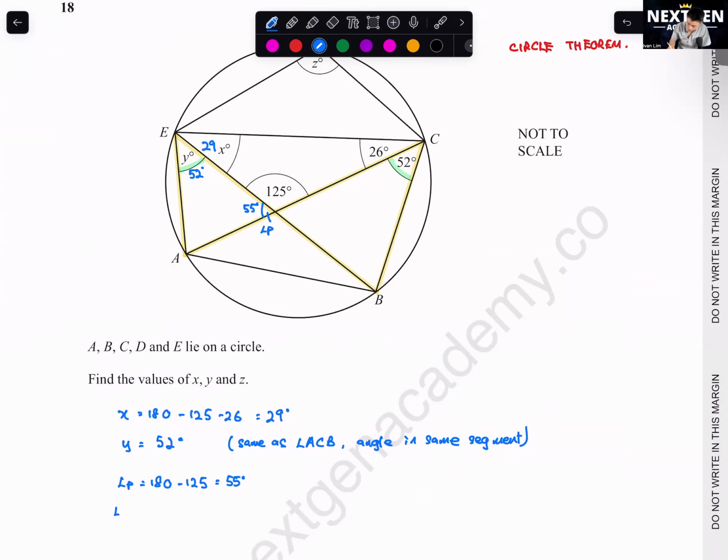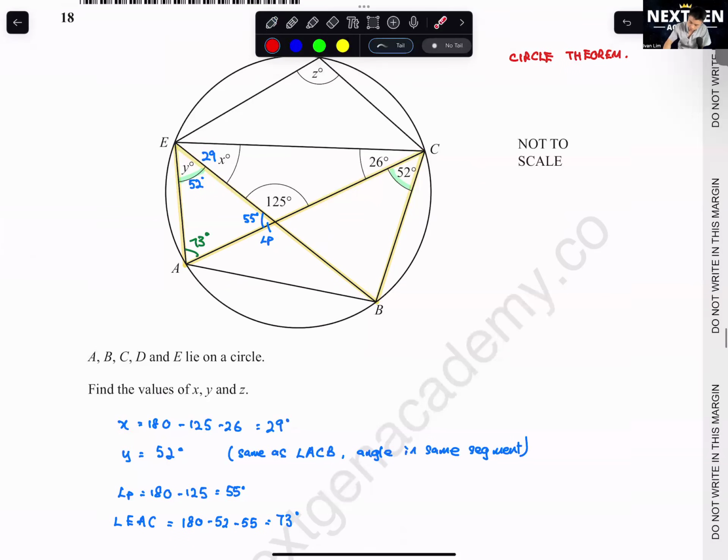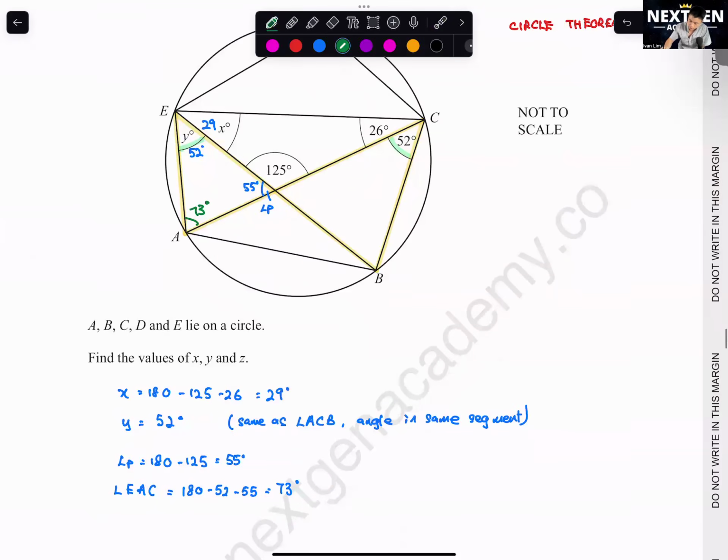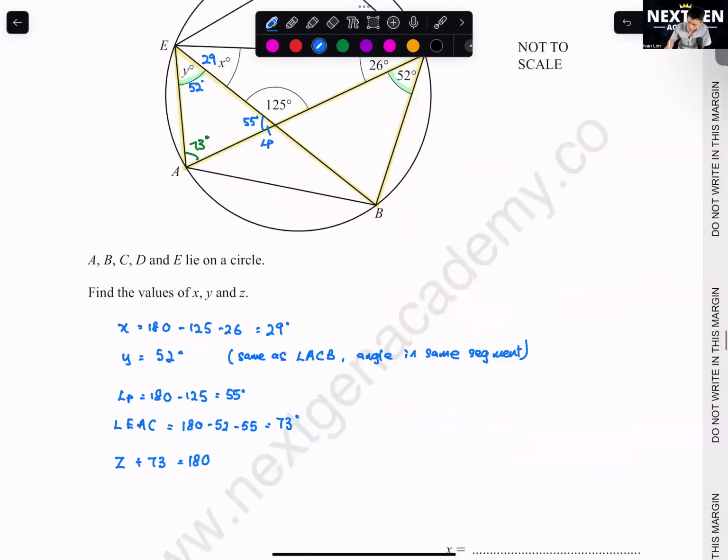Then angle EAC equals 180 minus 52 minus 55. We get 73 degrees. So here is 73 degrees. Then these two add up together to equal 180. So Z plus 73 equals 180.